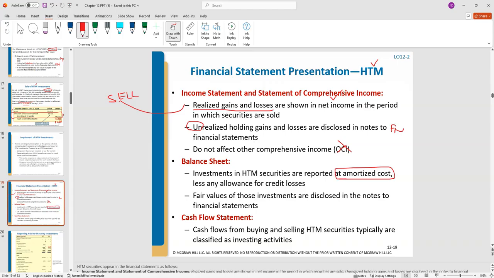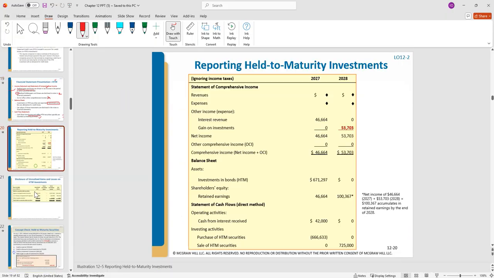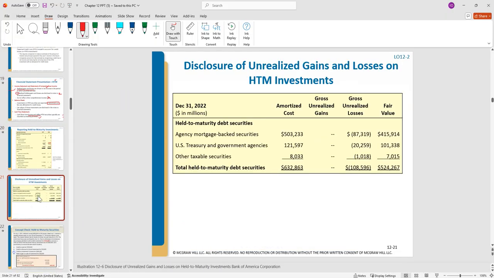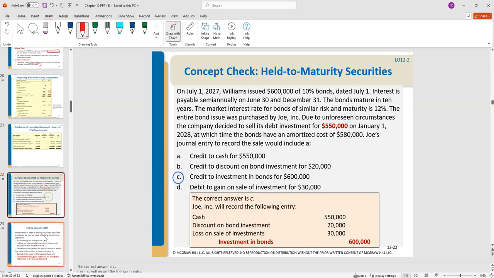And for purposes of the statement of cash flows, when you buy or sell the actual bond, you're looking at the investing section. And if you receive interest payments, typically those are going to be in the operating section. So you can look at that example there.